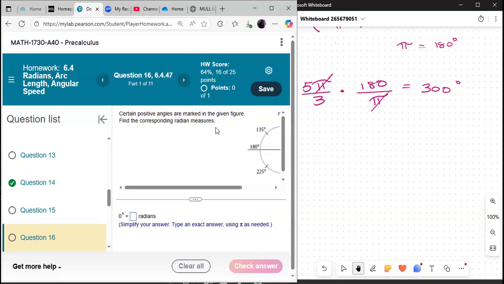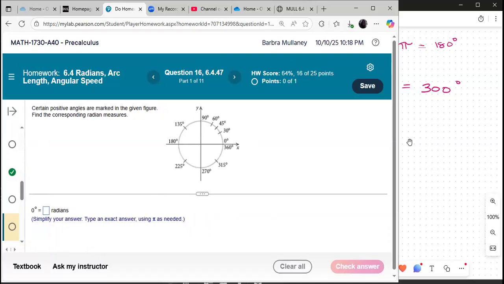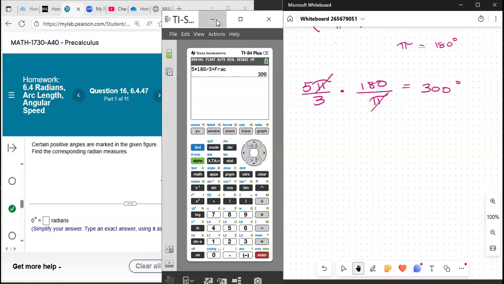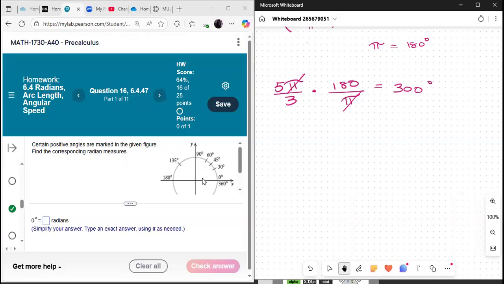Number 16, it says certain positive angles are marked in the given figure. Find the corresponding radian measures. Okay. I will be handing you a formula packet that has all of the radian measures and the corresponding angles. But this is a very good exercise.